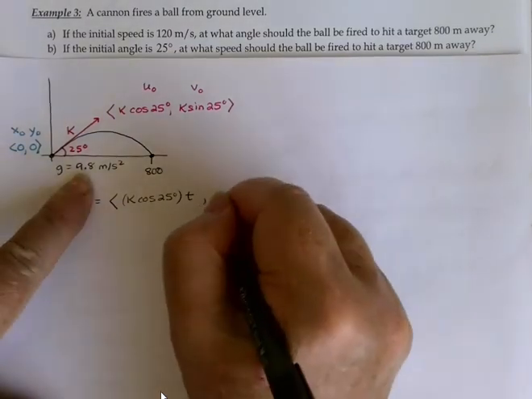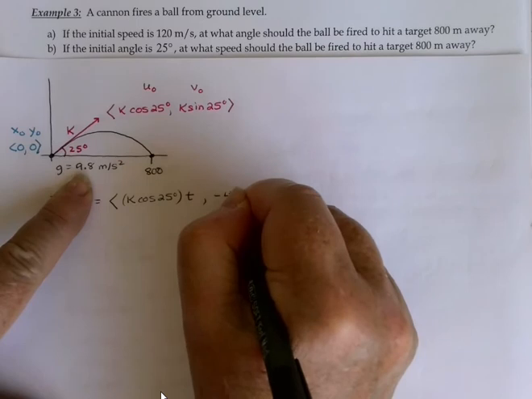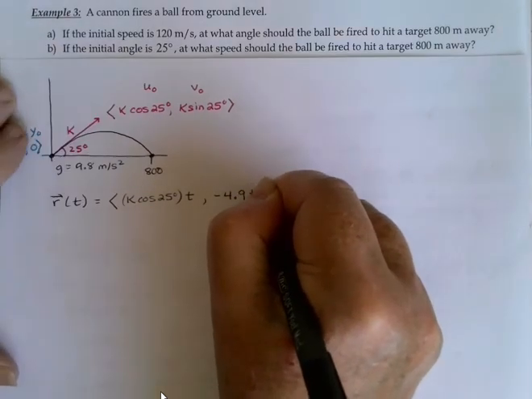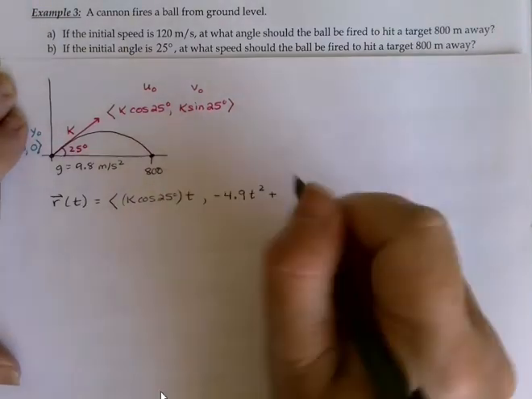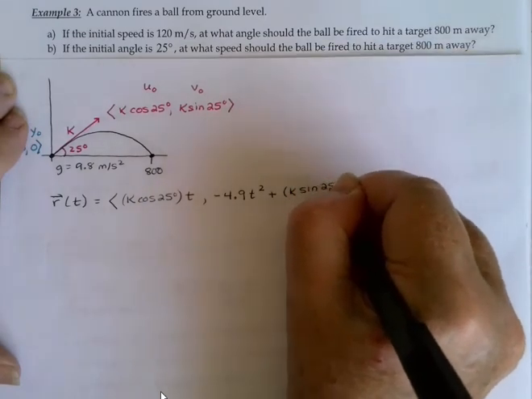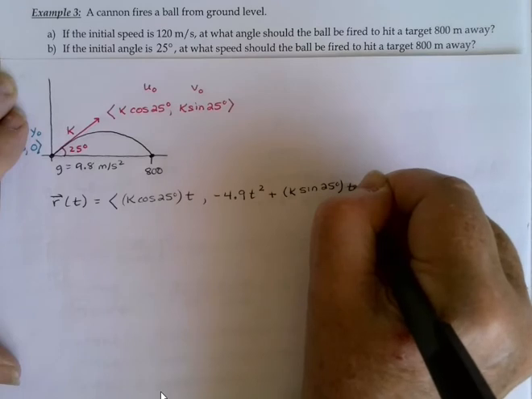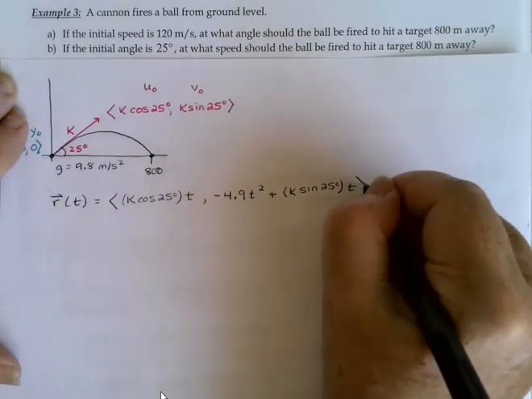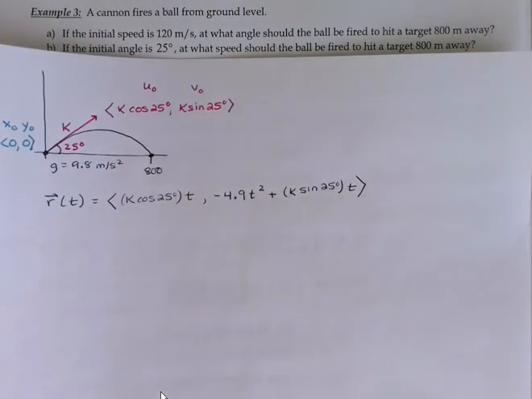So multiplying that by -0.5 would give me -4.9 t squared plus v naught, k sine 25 degrees, times t, plus the y naught, which is 0. So there's my position equation.